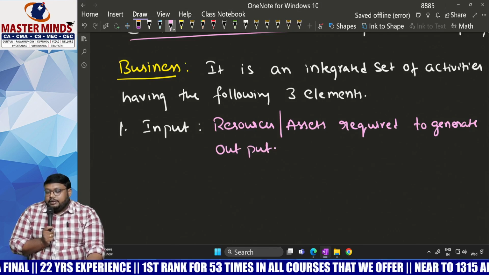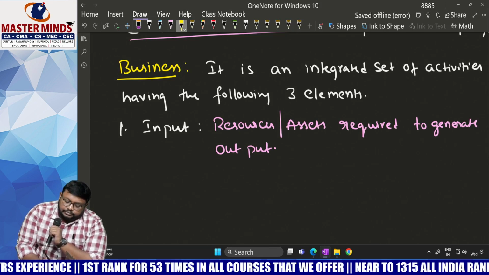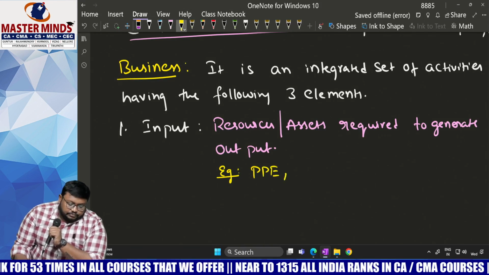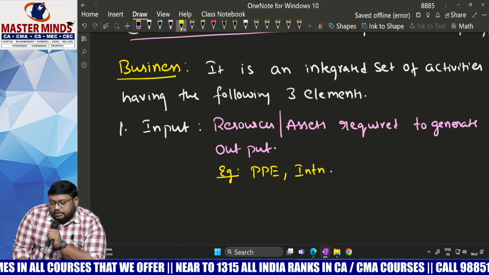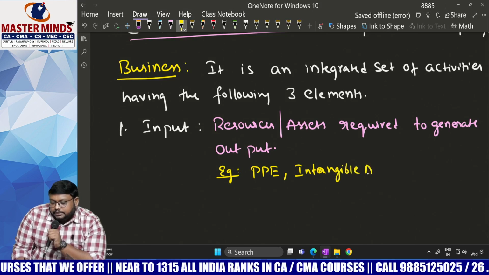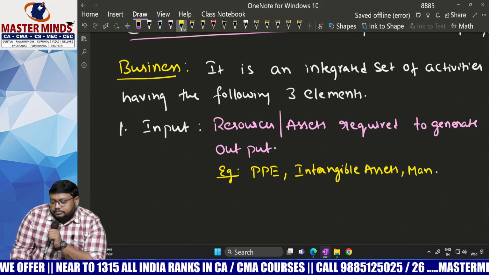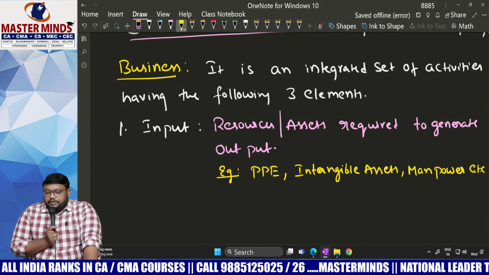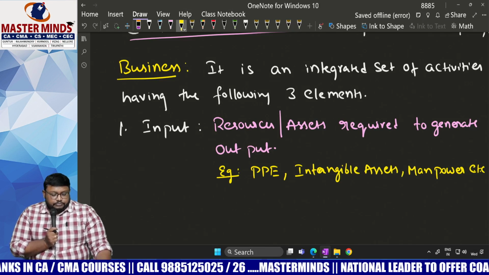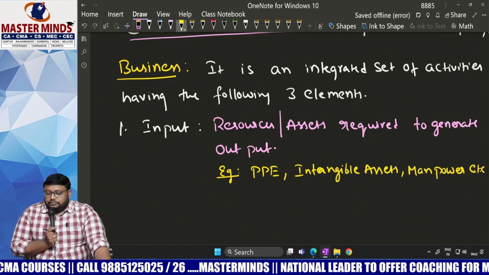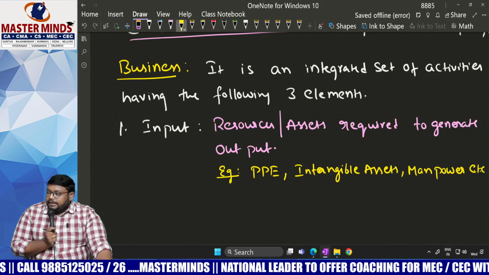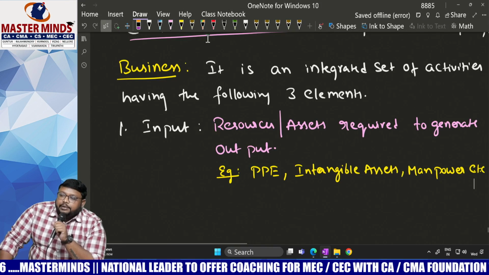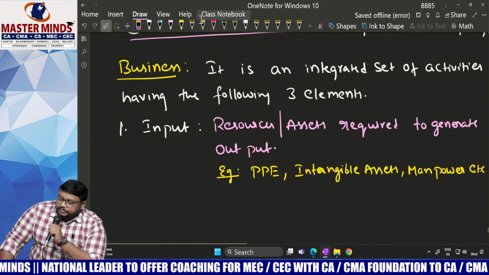Examples: property, plant and equipment, intangible assets, manpower, etc. Tangible assets we need not write separately, because property, plant and equipment is tangible in nature as per Ind AS language, and we have a separate Ind AS for it, Ind AS 16.